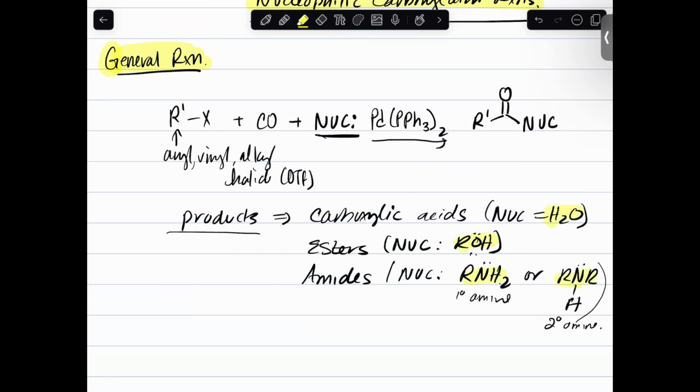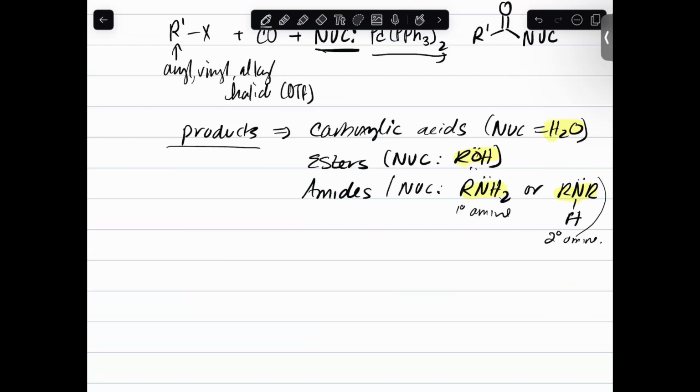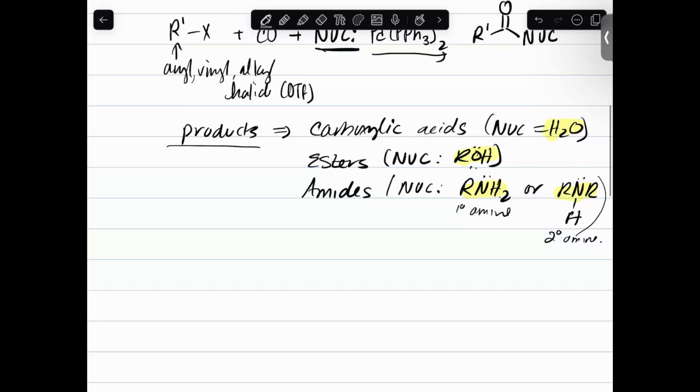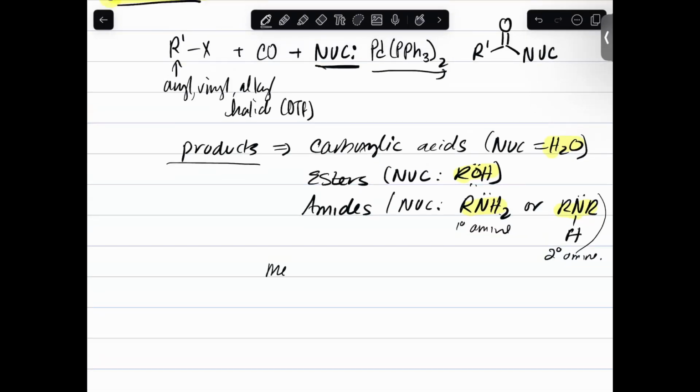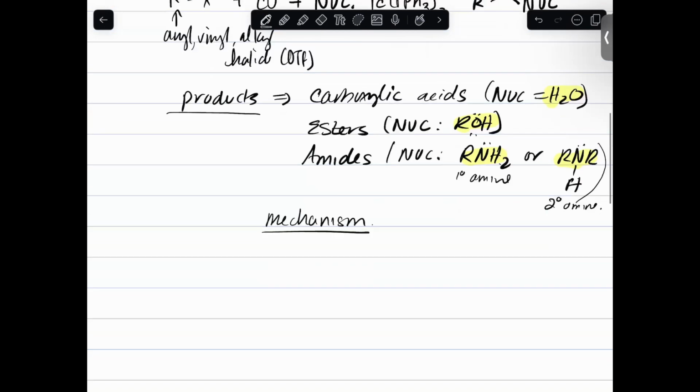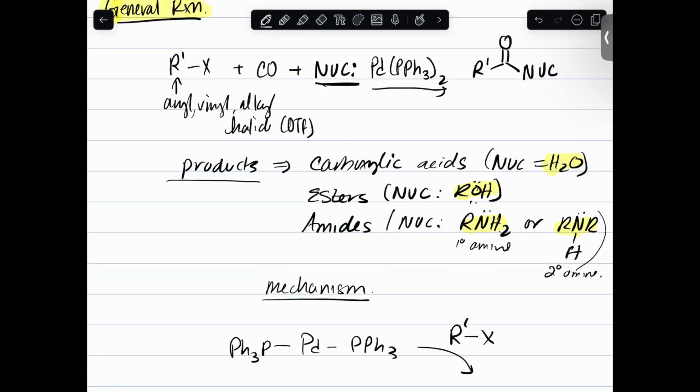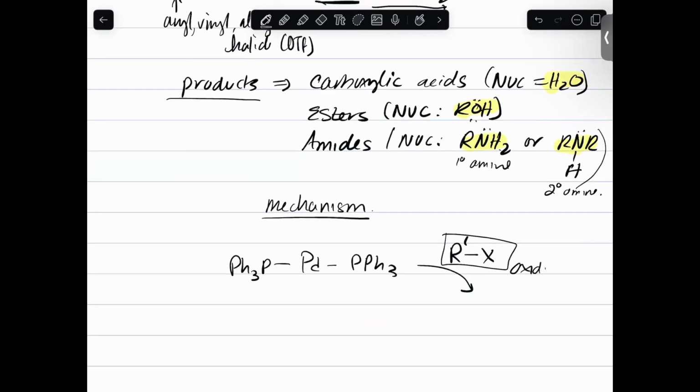Okay. And so let me introduce the general mechanism to this reaction, and then we'll go through examples. And so the mechanism includes, of course, the addition of your catalyst as always. Nothing has changed. We're still using the aryl or the vinyl halide that we need to start with for our oxidative addition step.